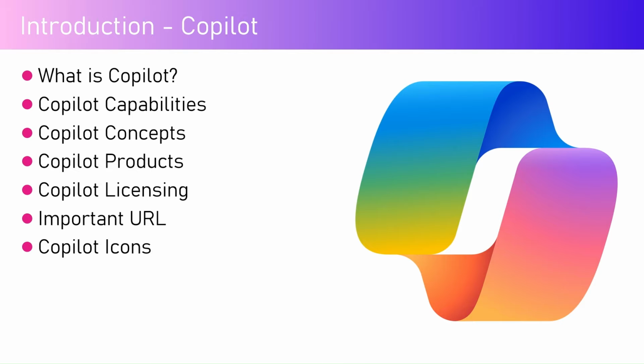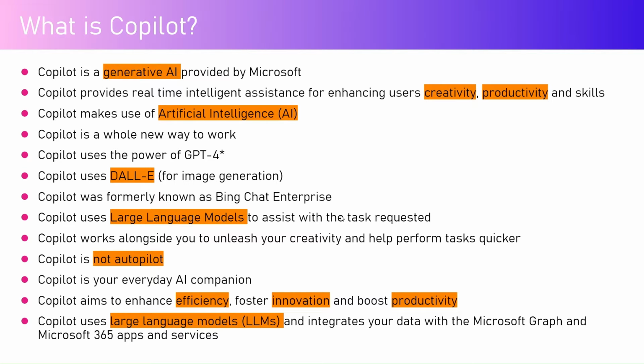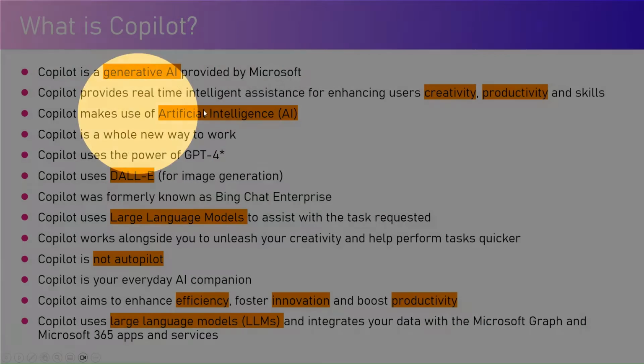Now, just to start with, what is Copilot? Copilot is basically a generative AI provided by Microsoft. It makes use of artificial intelligence and provides real time intelligent assistance for enhancing users' creativity, productivity, and skills. Again, Copilot is a whole new way to work.